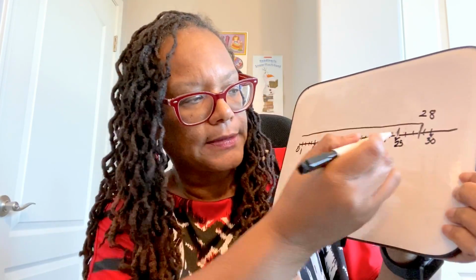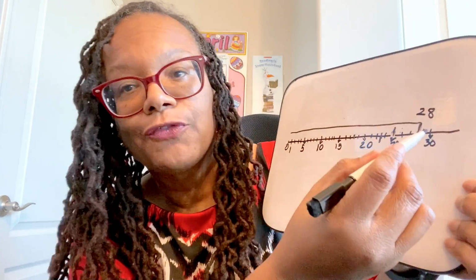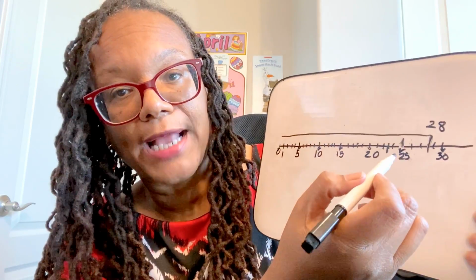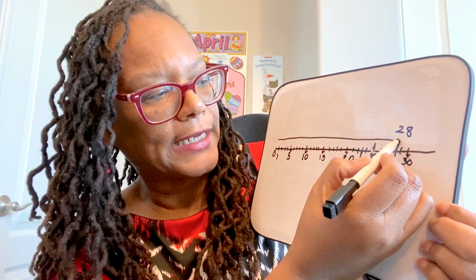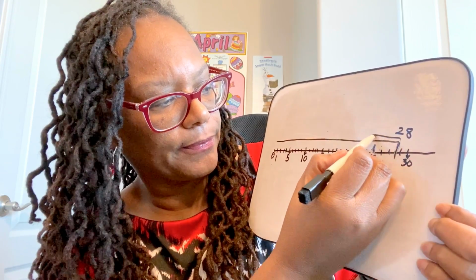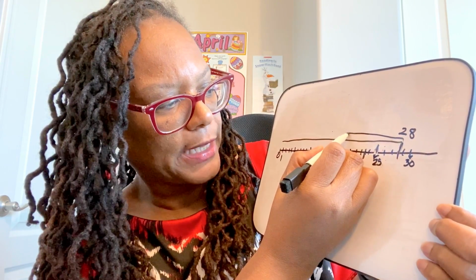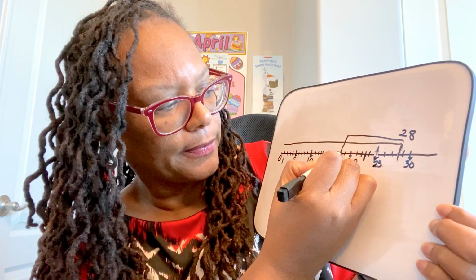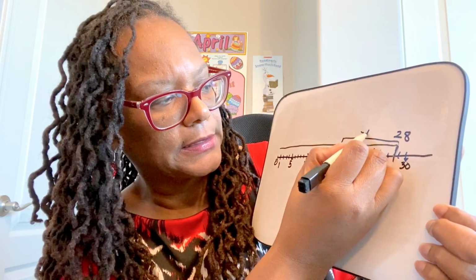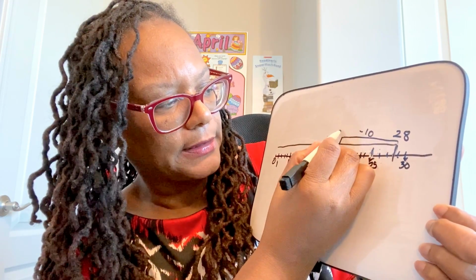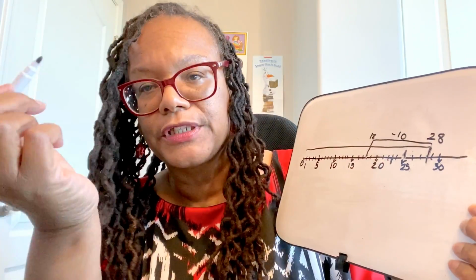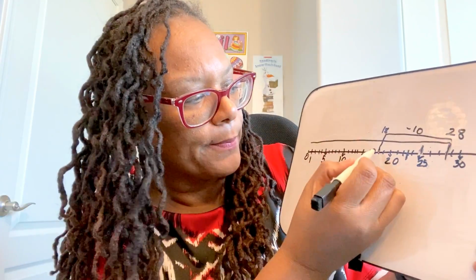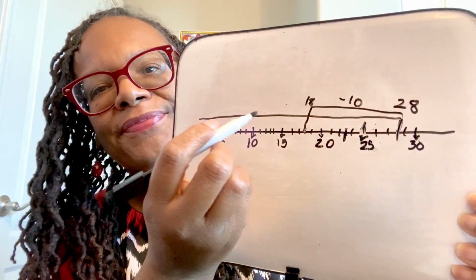14 spaces. Well, remember how we subtracted tens before? So if we're at 28 and we go back 10, you'll be at 18, right? So that's minus 10, and that's 18. So we just have to go back 4 more, right?